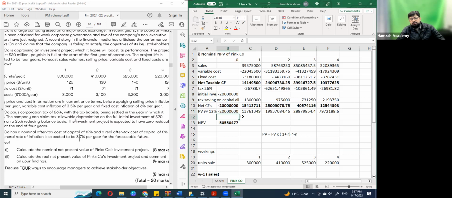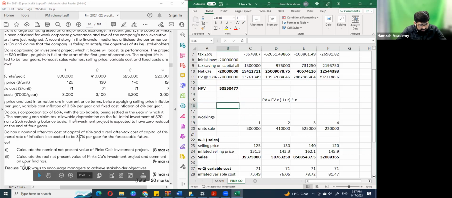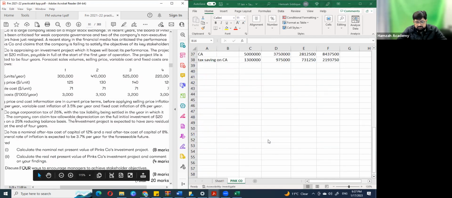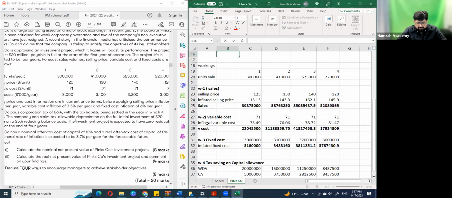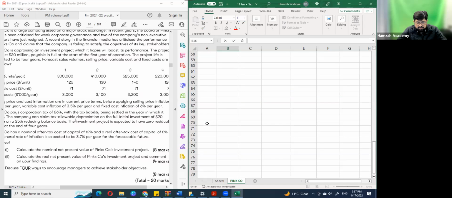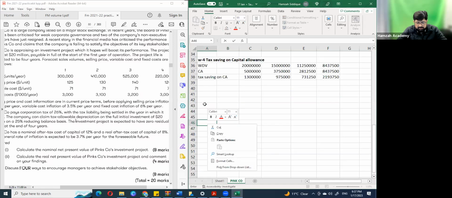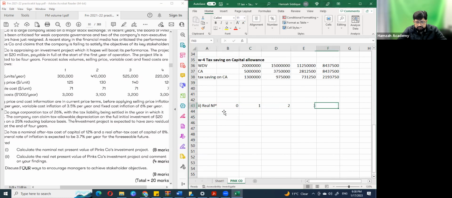Okay, now, students, second part, calculate the real NPV. Real NPV. Now, second part. You see here, second part. Real NPV we need to calculate. So year 0, 1, 2, 3, and 4.